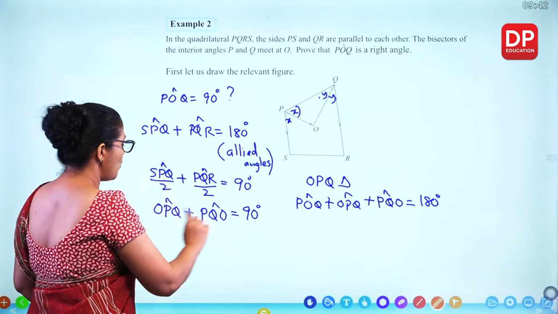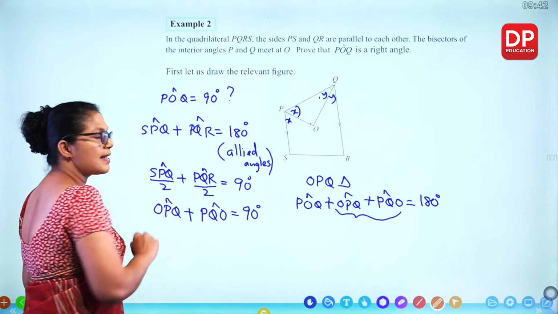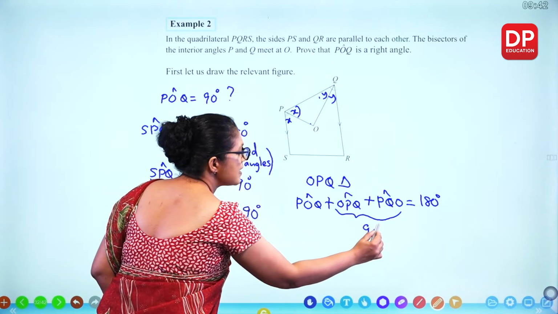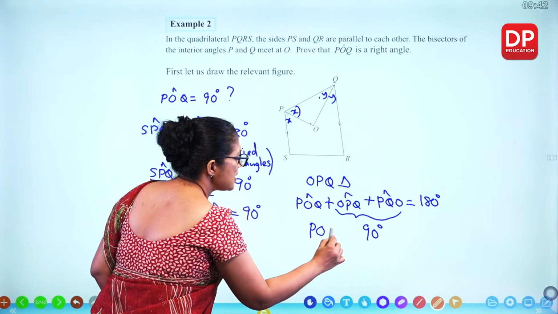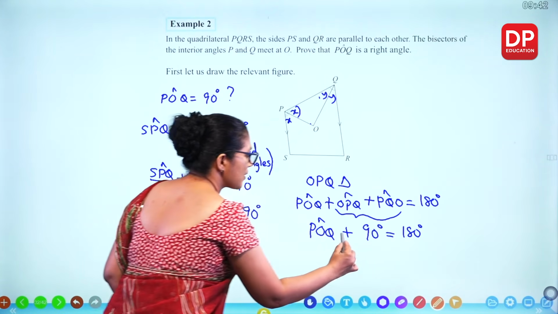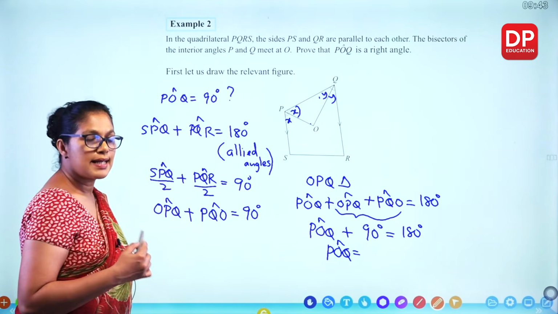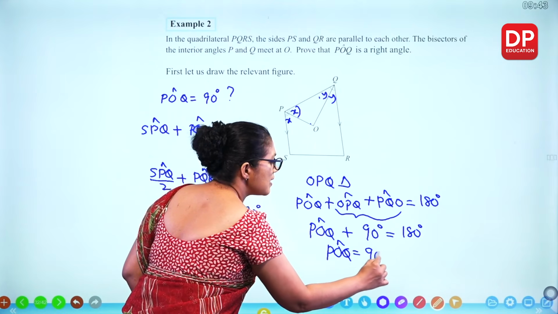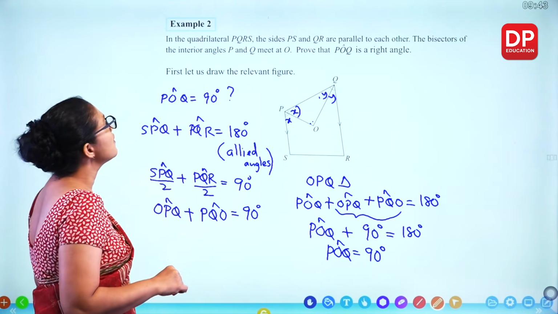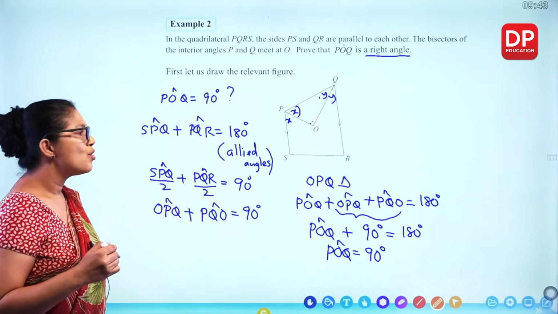And then we know OPQ plus PQO is 90 degrees. So I can write 90 degrees instead. So what I'm getting? POQ plus 90 is 180. So POQ angle is 180 minus 90. So you get 90 degrees. So that's this angle. So they want right angle means show that it's equal to 90.